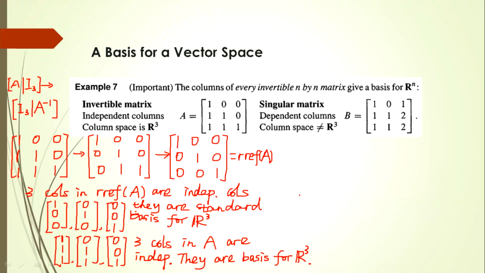Are you clear? So those 3 columns in matrix A are independent columns. And of course, those 3 columns can also span the full R3, but they are not standard ones. The length of those 3 vectors is not 1. So they are bases for R3. Now, are you clear about the standard basis and the basis?